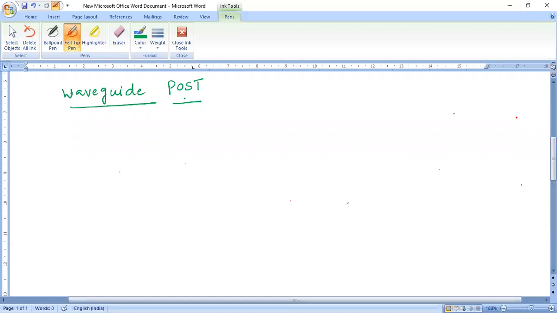So what is a post? A metallic post or a screw extended completely across the waveguide parallel to the electric field.